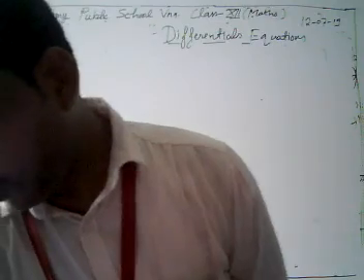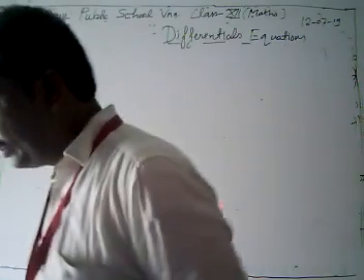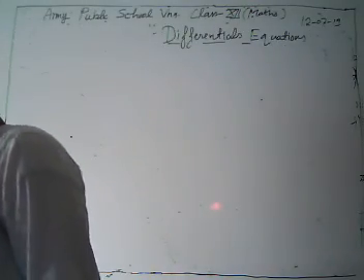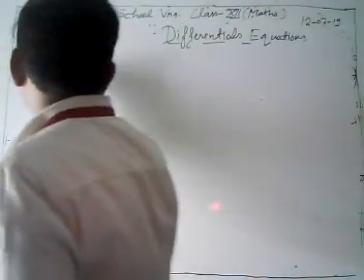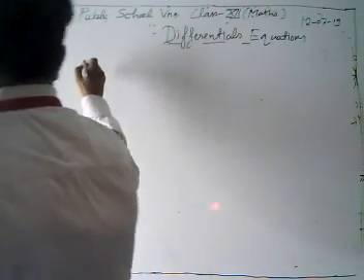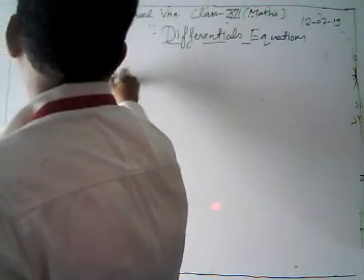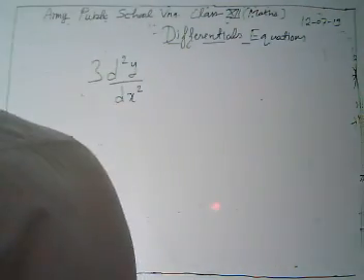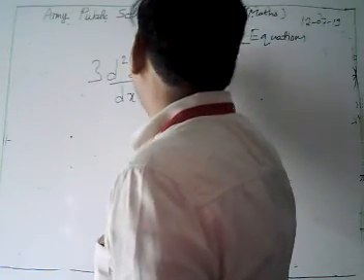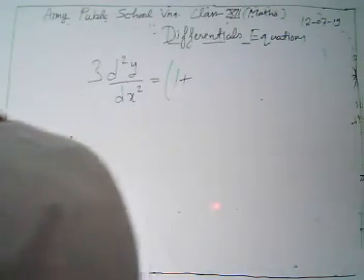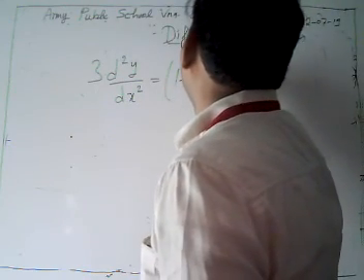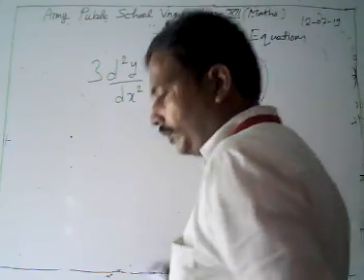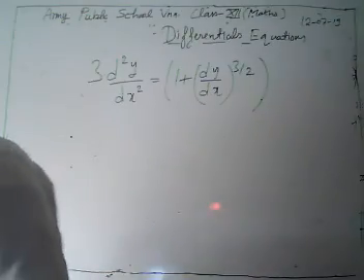Look at what is given in the second example. We have to find the degree of the differential equation. It is 3 d2y/dx2 equal to (1 plus (dy/dx) squared) to the power 3/2.